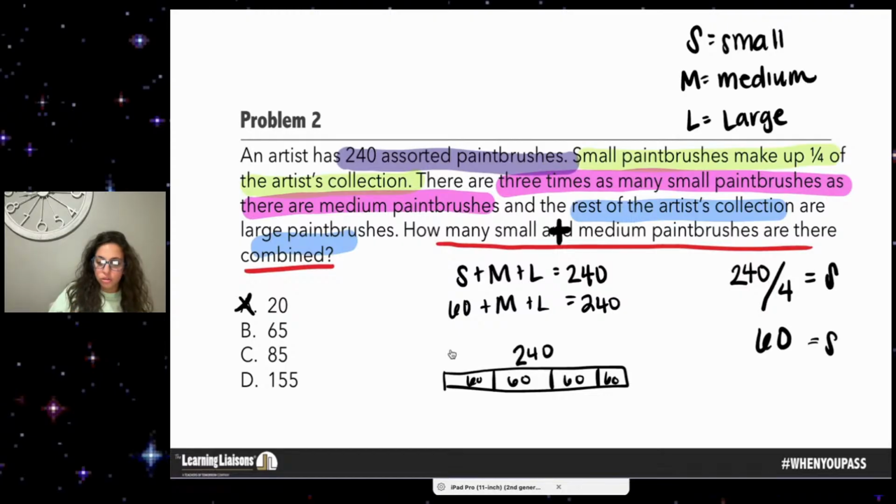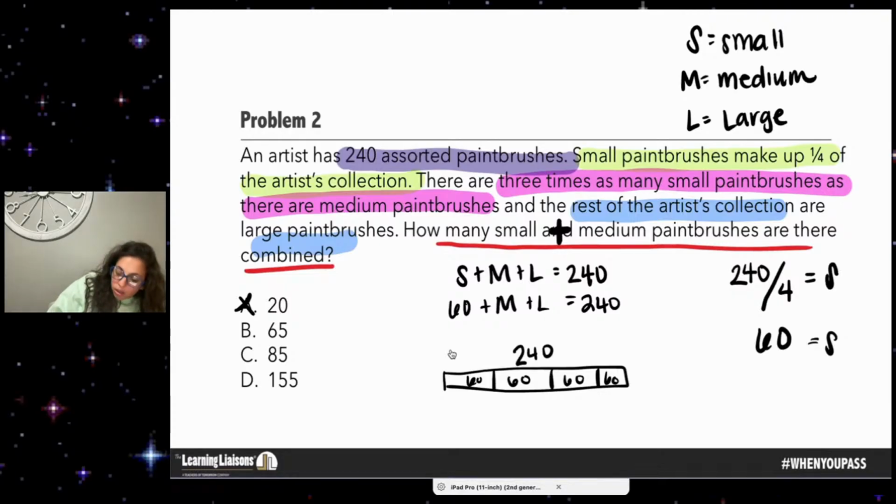There are 3 times as many small paintbrushes as there are medium paintbrushes. So that means for every 1 medium paintbrush, there are 3 small paintbrushes.